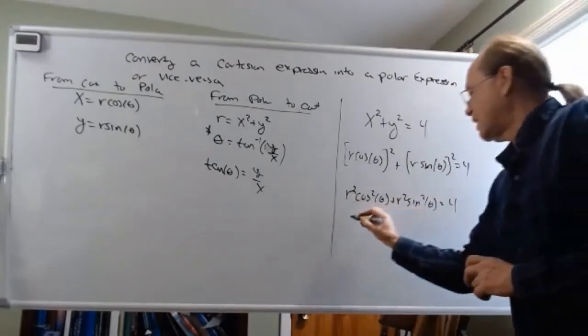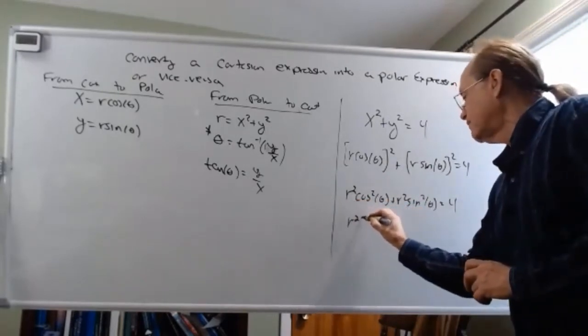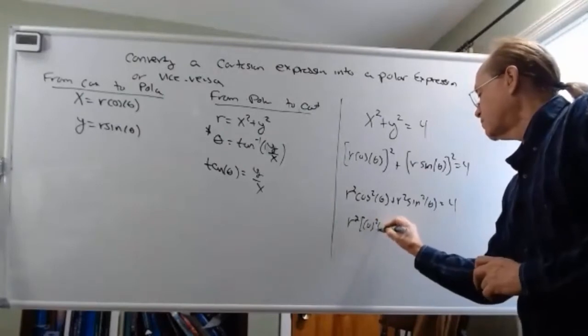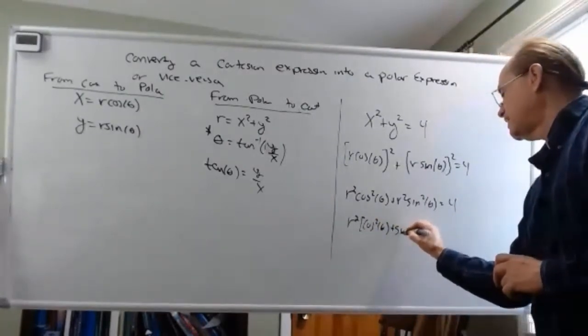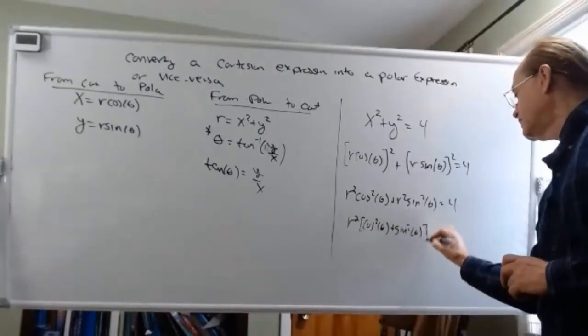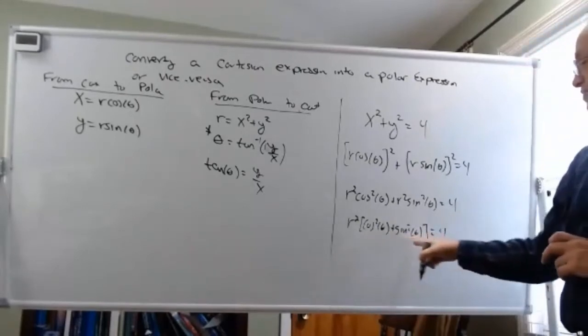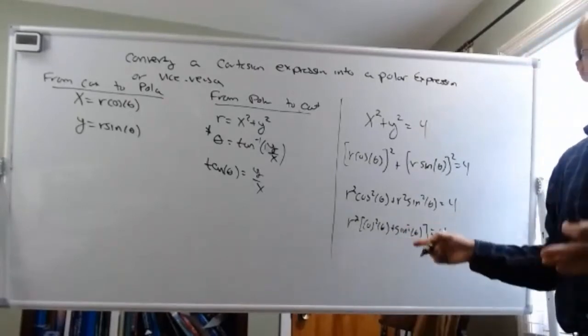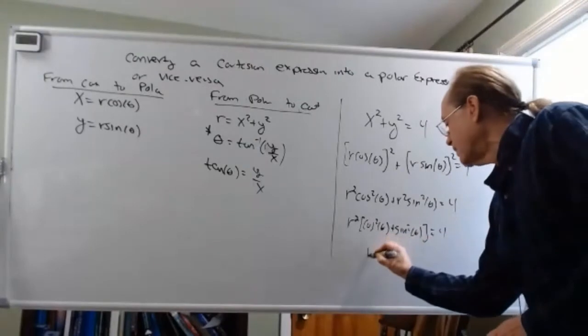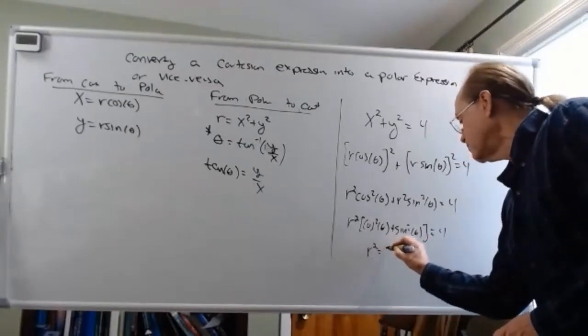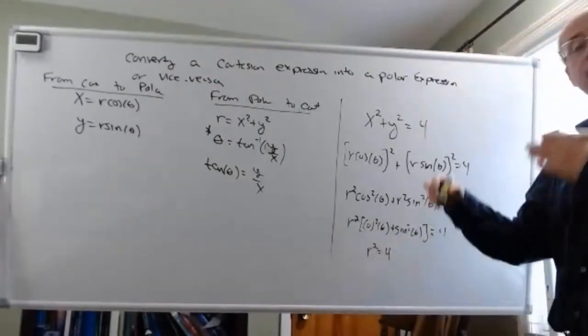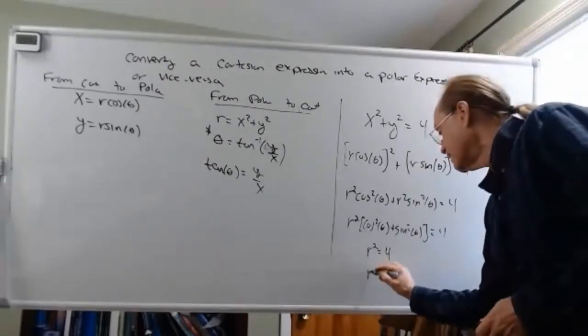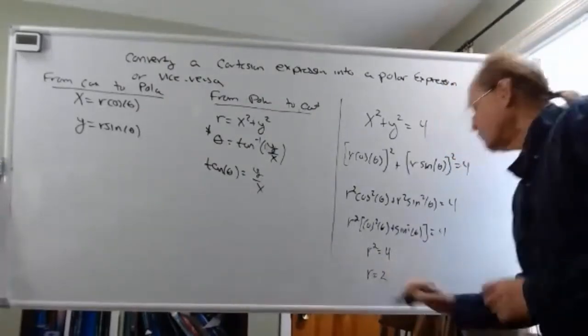Factor out an r squared to get r squared times cosine squared theta plus sine squared theta is equal to 4. Well, what is this cosine squared and sine squared? That's just 1. So that gives me r squared is equal to 4, or I could take the square root and say r is equal to 2.